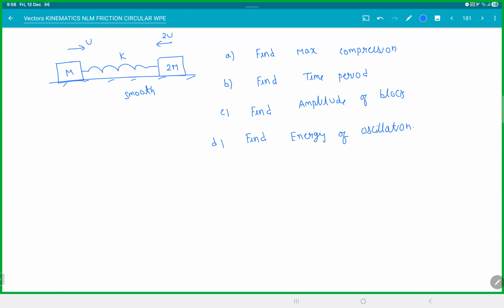Root 6mk by u. Let's see, I don't remember the answer. Get all four. I'll give you 3-4 minutes and I'll show you the whole thing together.